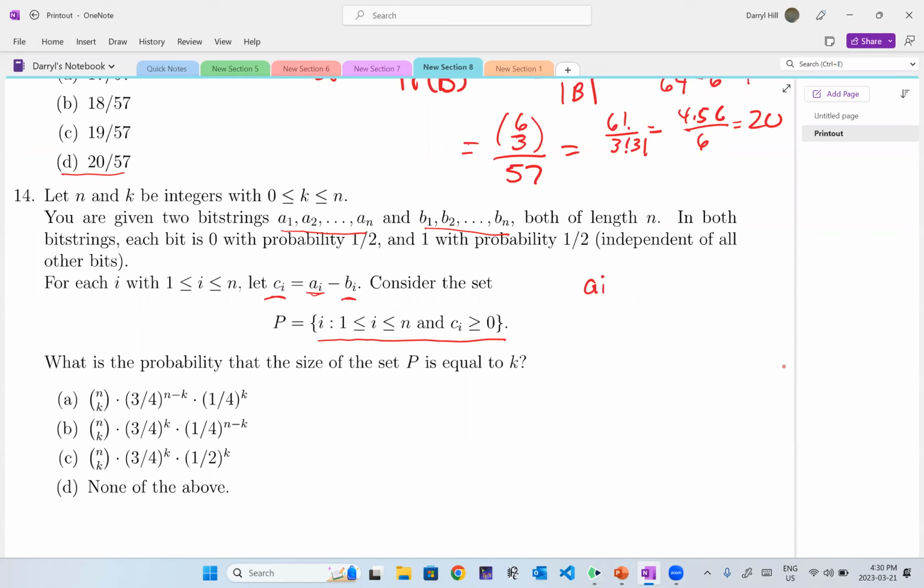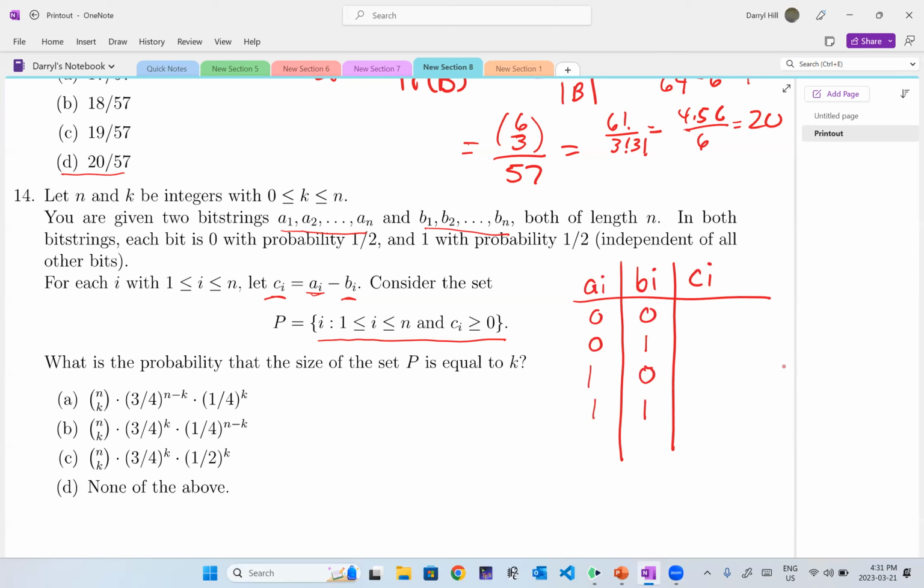So let's just take a quick look at what this results in. Okay, so I want all combinations of AI and BI. AI and BI are just individual locations in my bit string. So there are 4 possibilities. BI can be 0 and AI 0, or AI 0, BI 1, AI 1, BI 0, or both can be 1, because they're 2 separate bit strings.